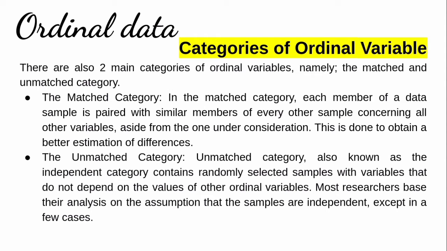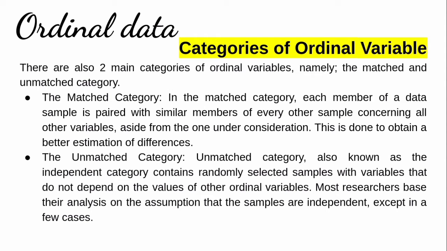In the match category, each member of a data sample is paired with similar members of every other sample concerning all other variables, aside from the one under consideration. This is done to obtain better estimation of differences.